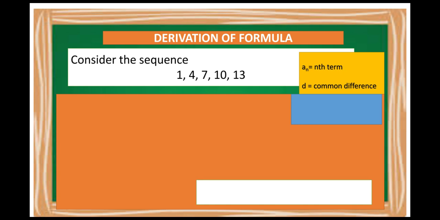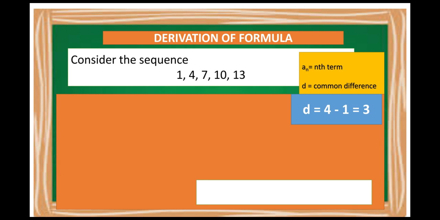So the first term can be expressed as a sub 1, a sub 2 for the second term, a sub 3 for the third term, and so on. Notice that the common difference of this sequence is 3, by just clearly observing or by subtracting the first term 1 from the second term 4, and we get 3.